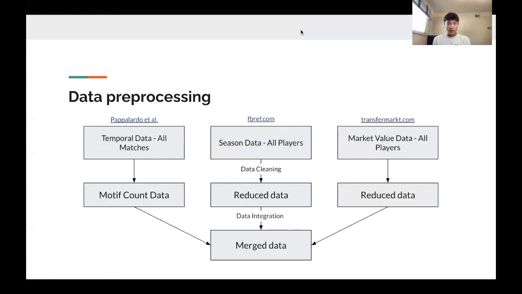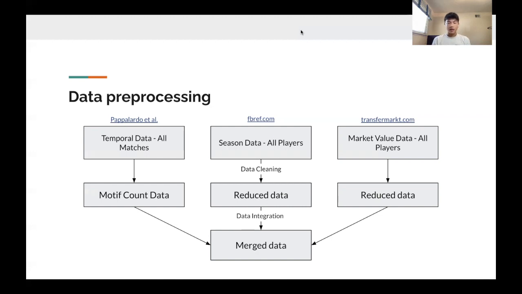Data pre-processing. For this project, since the data was not readily available, the data pre-processing took up a large chunk. I used data from 3 separate sources. First one was temporal data from all matches of all 5 leagues in the 2017 to 2018 season. This documented every single action, every single play of every single player, and this was provided to me by my mentor.